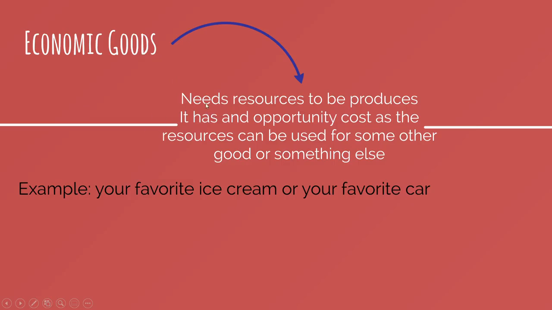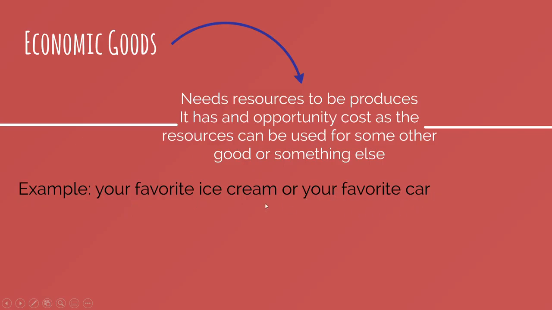An economic good needs resources to be produced. It has an opportunity cost, as the resources can be used for some other good or something else. For example, your favorite ice cream or your favorite car.